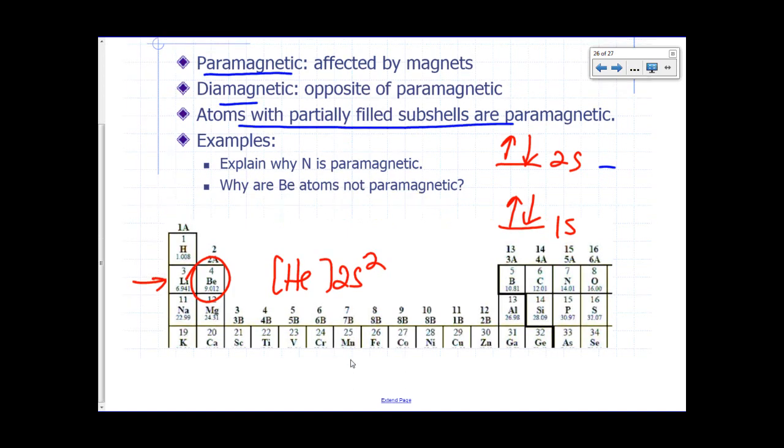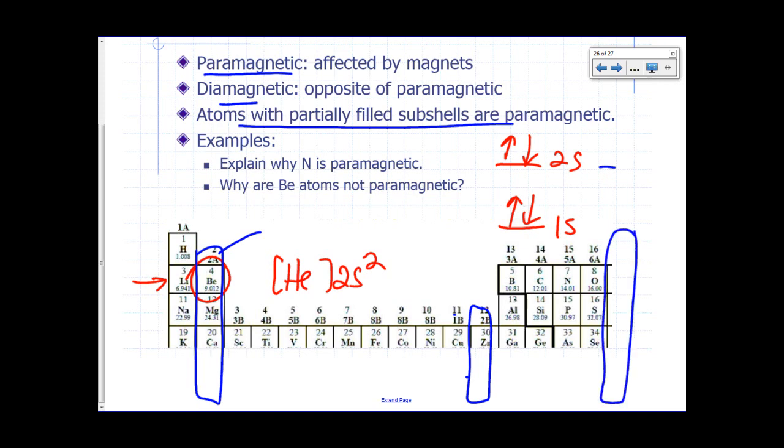So you can generalize this to say that all these atoms with an s2 valence configuration are not paramagnetic. Anytime all the occupied subshells are completely filled, you have an atom that's not paramagnetic. So anything over here would be not paramagnetic. The noble gases would be further out here. The noble gases would also be not paramagnetic.